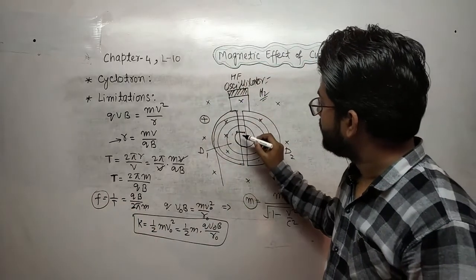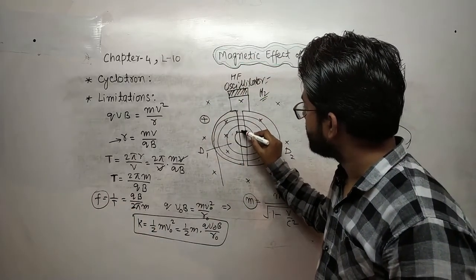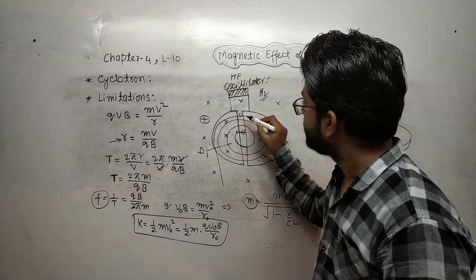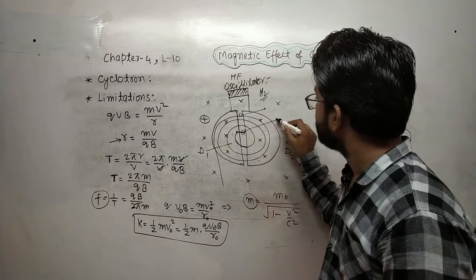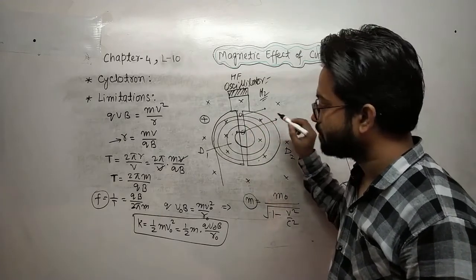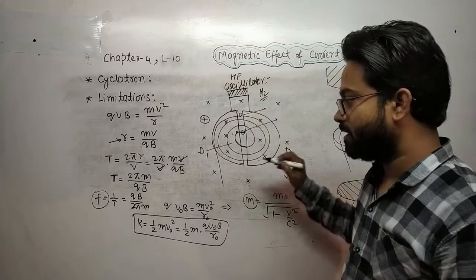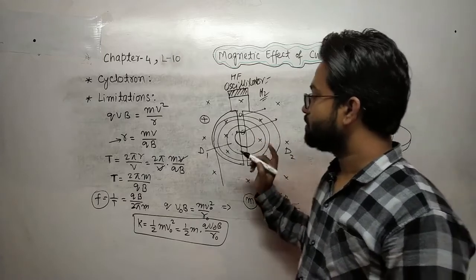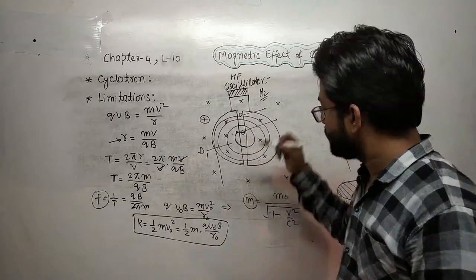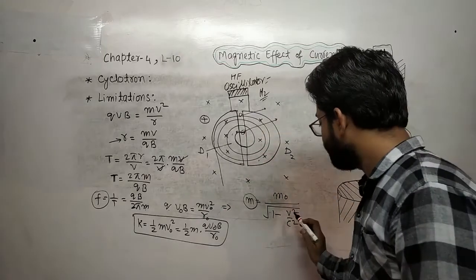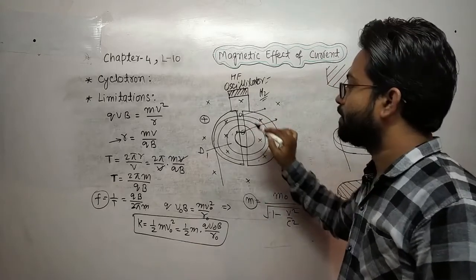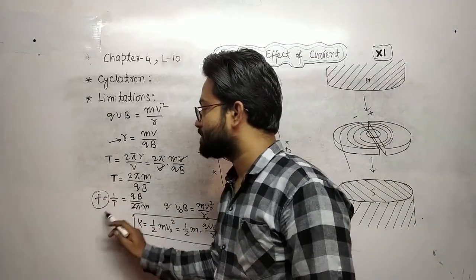Let us suppose we have taken a charged particle, the velocity at that point and the velocity at that point will be different, because of the change in velocity. That means mass will be different. If the mass is different, the frequency will be different.